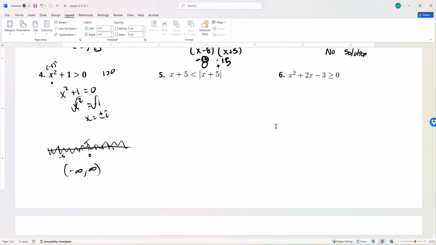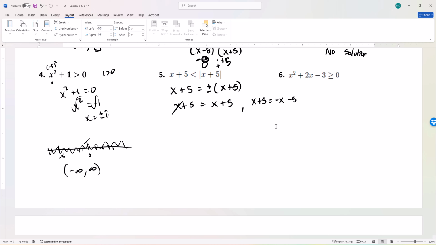For number 5, the secret here is when we pretend that it's an equal sign, to get rid of the absolute value, remember, it's a plus or minus. So you're going to get x plus 5 equals x plus 5. And then you're also going to get x plus 5, distributing the negative, equals negative x minus 5.